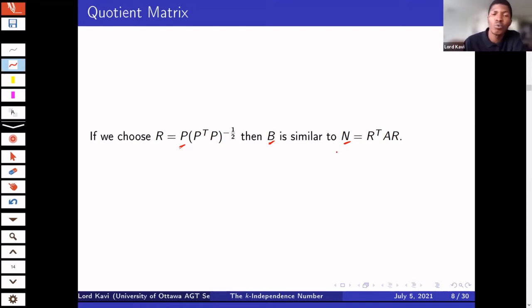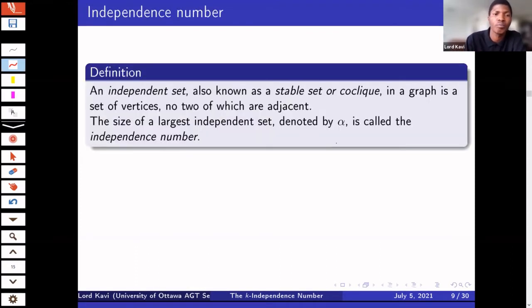And therefore, the corollary of the theorem says that the eigenvalues of a quotient matrix interlace the eigenvalues of the original matrix. We observe that this matrix is not precisely this, but it's similar, which means they have the same eigenvalues.